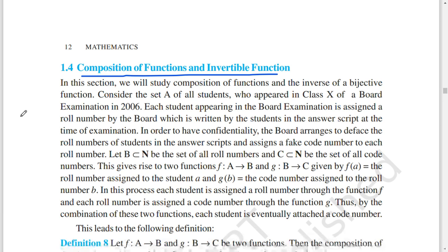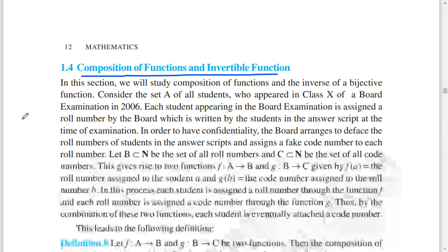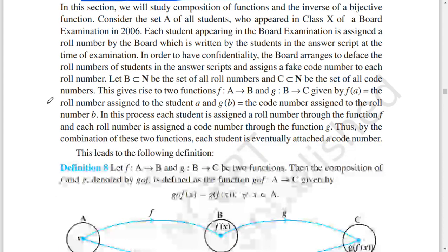In order to have confidentiality, the board arranges to deface the roll numbers of students in the answer script and assign a fake code number to each roll number. Let B, a subset of N, be the set of all roll numbers and C, a subset of N, be the set of all code numbers.